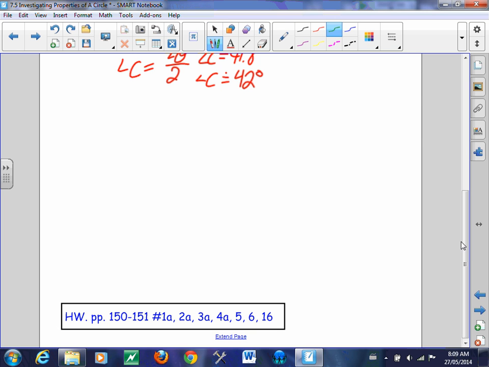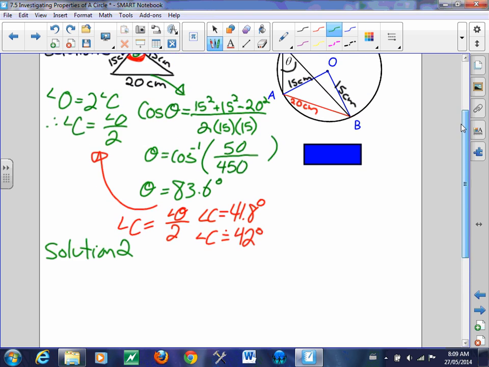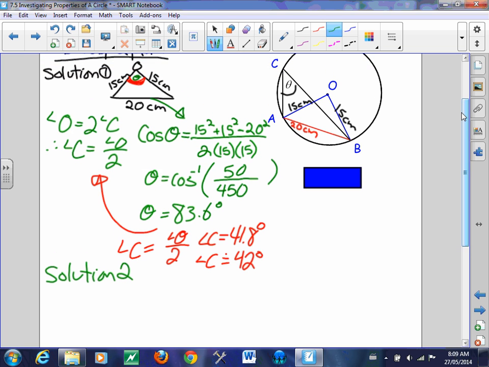All right, so solution 2. I'm going to add some things to the graph. So I'm going to do a little magic work. For solution 2, I am going to drop a perpendicular bisector to this chord, like that.